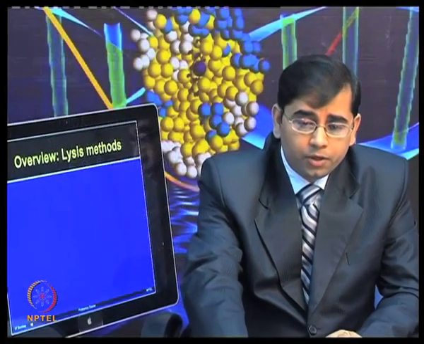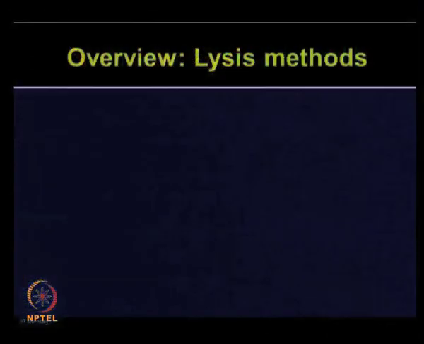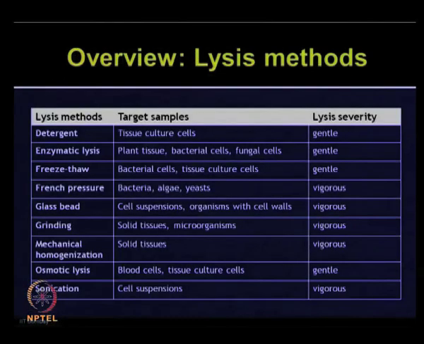So, now I will give you the overview of lysis methods. We have talked about all of these methods briefly. One can use detergents if your target sample is tissue culture cells. This is going to provide a gentle lysis method.